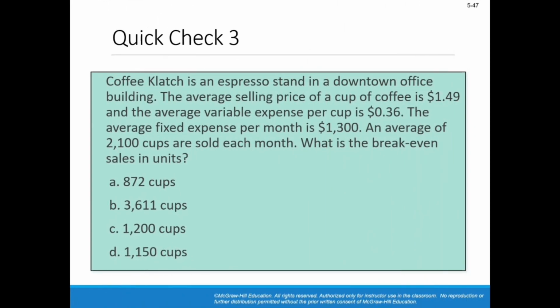Okay, the same given. Now they are asking what is the break-even sales in units. So again, to get profit of zero, but this time in terms of quantity, you can do this: unit CM multiplied by Q minus total fixed cost.